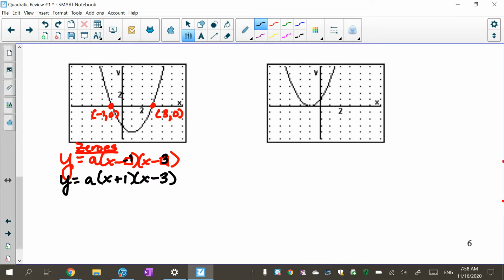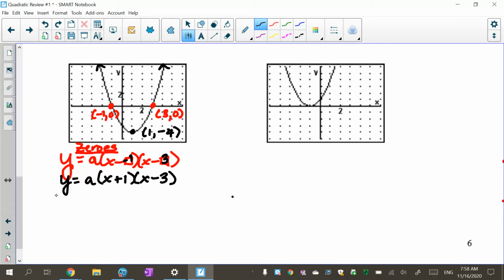I know it opens upwards, so a is positive, but I need another point. I like to find a good point I know is on the graph. Counting 1, 2, 3, 4, 1, -4 is the vertex. So let's use that point. You could use the y-intercept as well, but we'll use (1, -4).